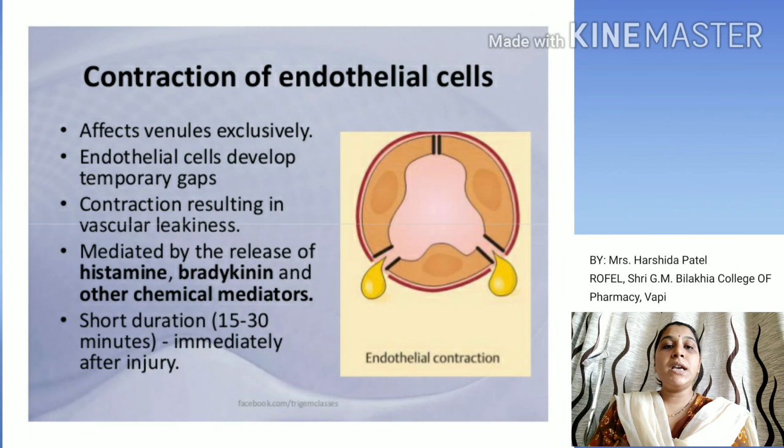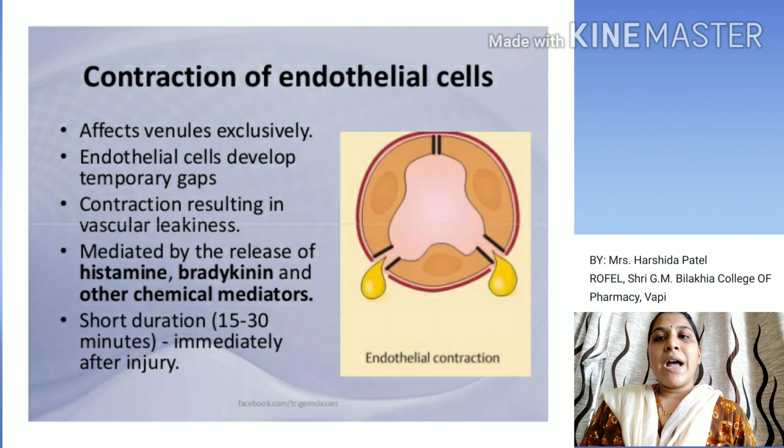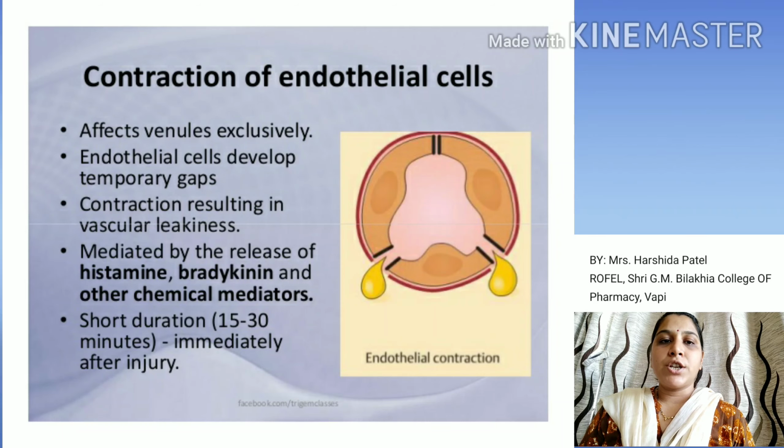We will first see the contraction of endothelial cells. When the endothelial cells are perfectly set in a line-to-line arrangement, there are no gaps between them. But when these endothelial cells contract, they produce gaps between the cells, and these gaps make the endothelium or vasculature leaky.